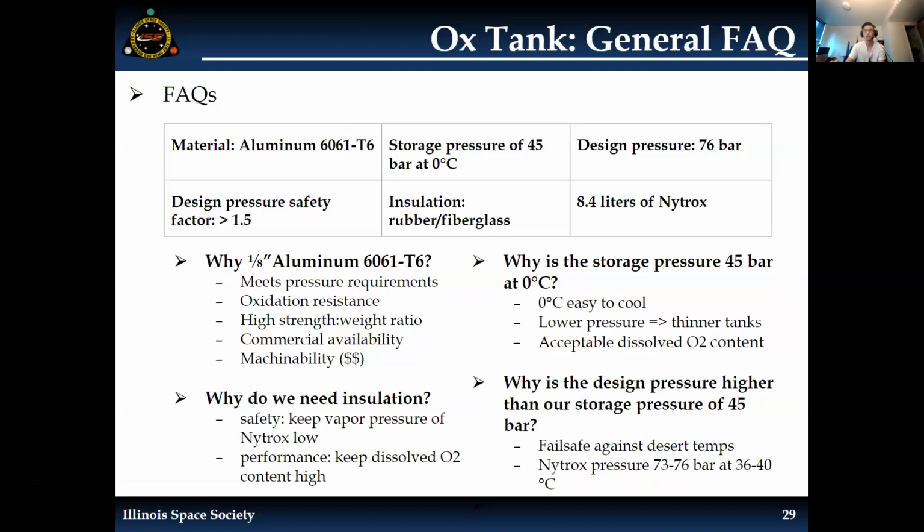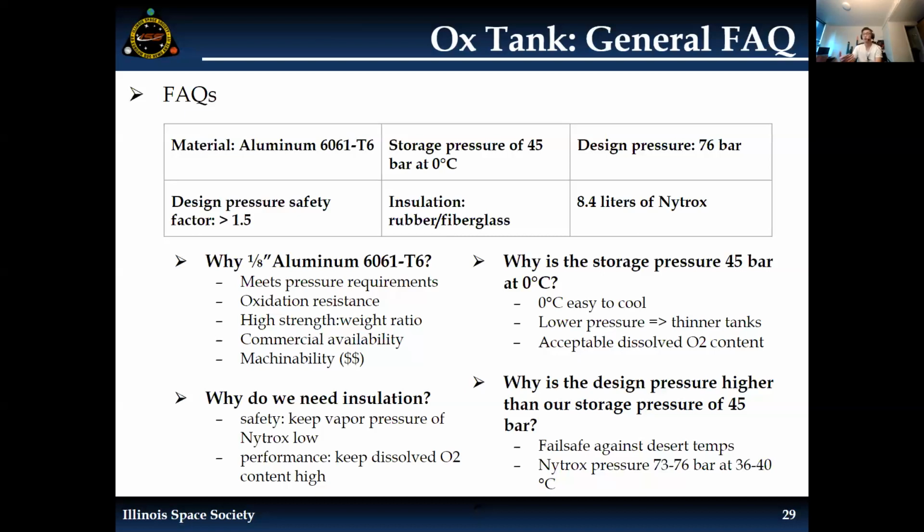Next slide. Actually, are there any questions? Do we have to load the nitrox really soon before launching, so it doesn't heat up? We plan to have a ground tank where we keep our nitrox before we fill it into the oxidizer tank, and that's going to be submerged in the ice bath.